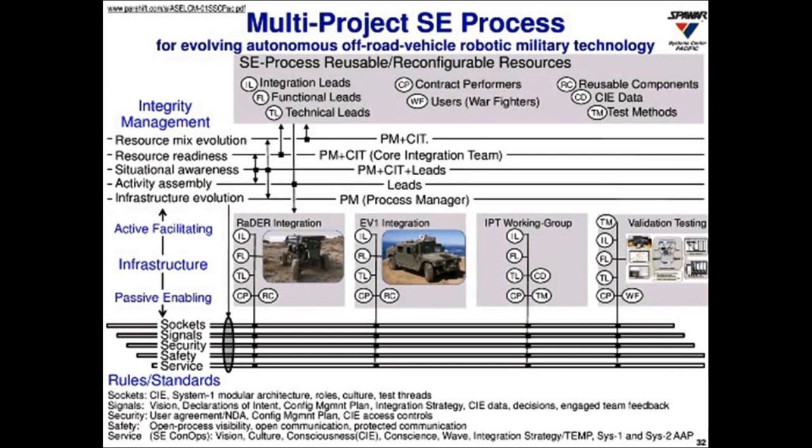And every word on this slide is explained in the case study paper, and up in the top left-hand corner is a link to the paper that talks about every word on this slide. This was, as it says, Evolving Autonomous Off-Road Vehicle Robotic Military Technology in San Diego at Navy Baywar.